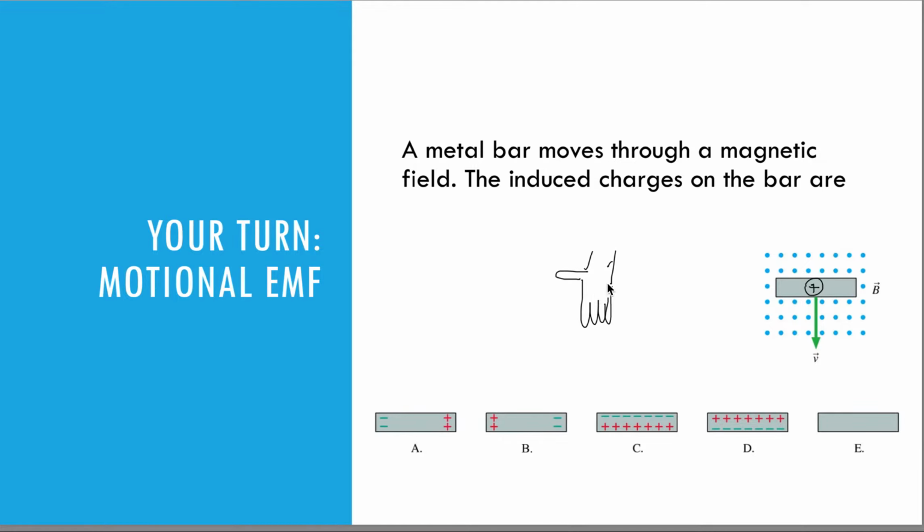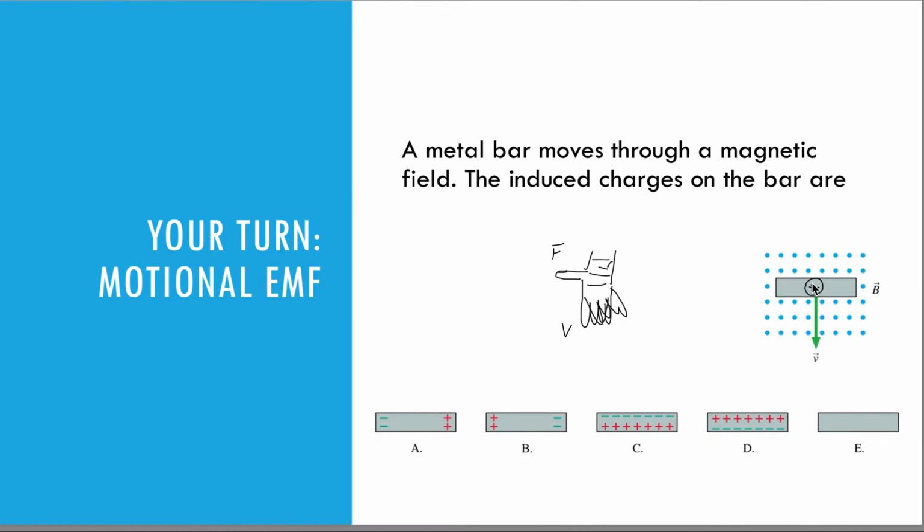My palm is facing me, because you have to fold your fingers towards you, because that's out of the page. That's how you know your thumb is going to point to the left. So that's the force, right? The V was down, but then you folded those fingers towards you. Very hard to show, but that's right-hand rule number 3.